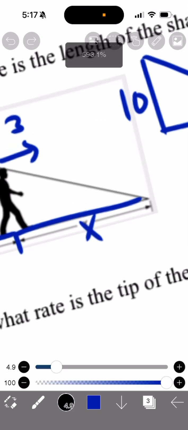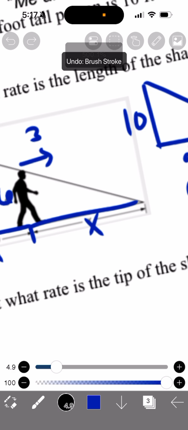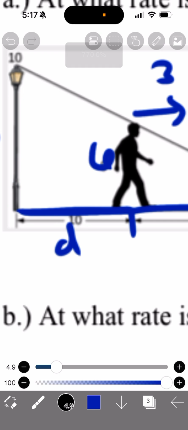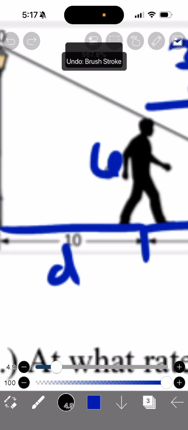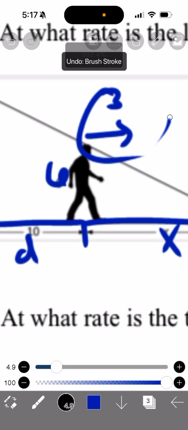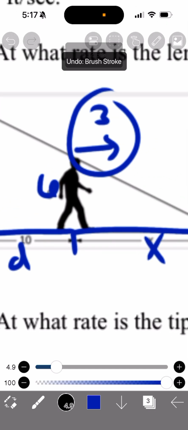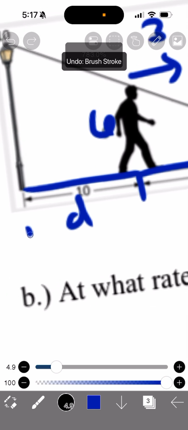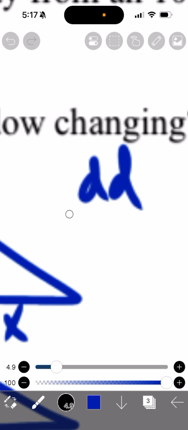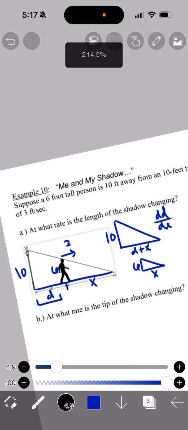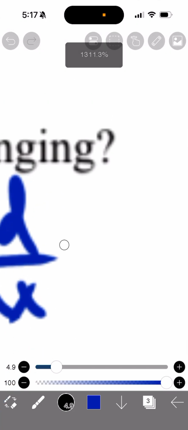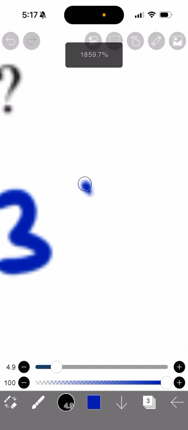You might think that X is what's changing here, but it's actually not. X is the shadow, whereas D is the distance between the lamppost and the person. So as he walks away, that distance is getting bigger, and that D is what's changing. So we know that dD/dt is equal to 3 feet per second.